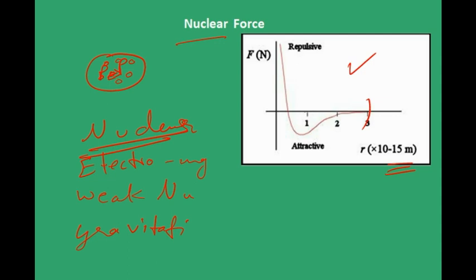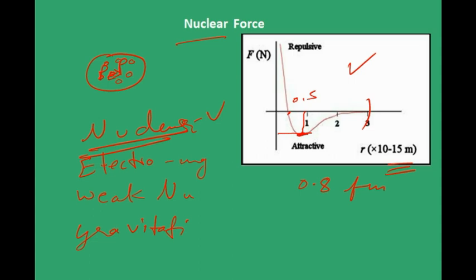The attractive force is maximum when it is negative, right? We have a maximum here. It is maximum when the distance is around 0.8 femtometers, and here it is 0.5. So when it is 0.5 femtometer, it is 0, and if it is closer than that, it is going to be repulsive.